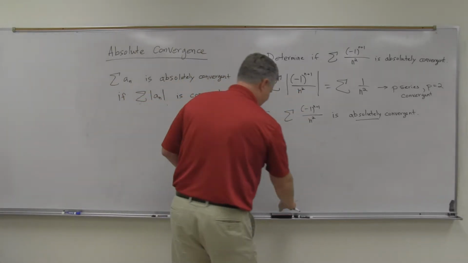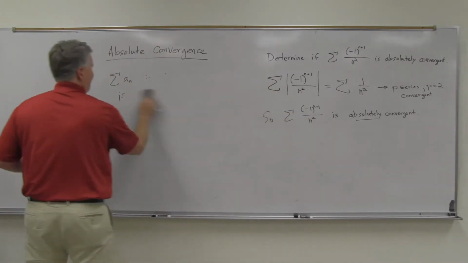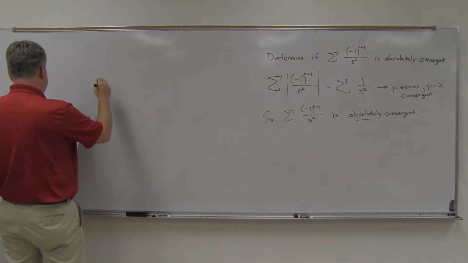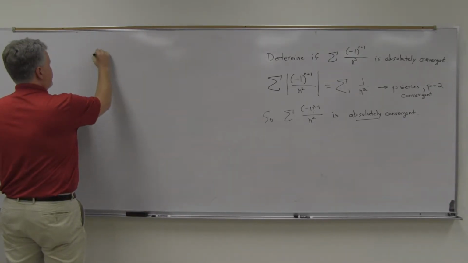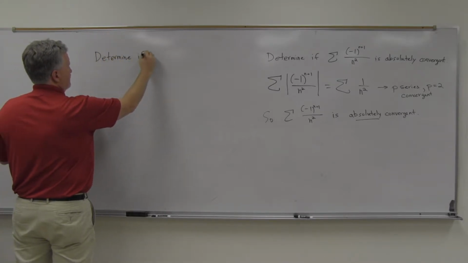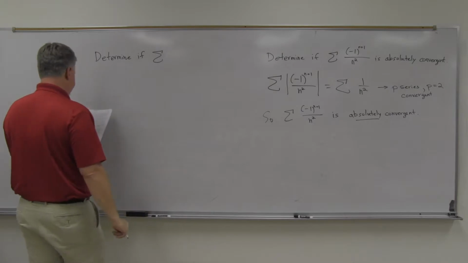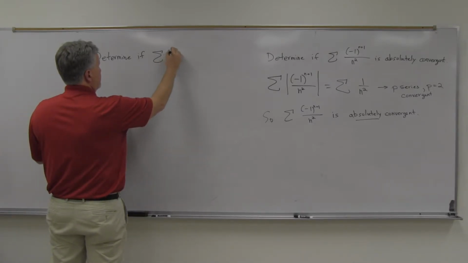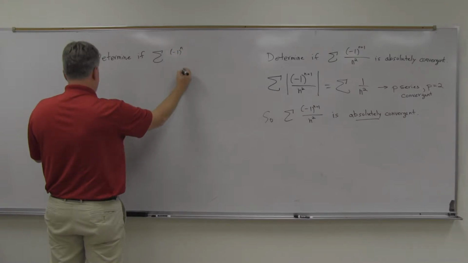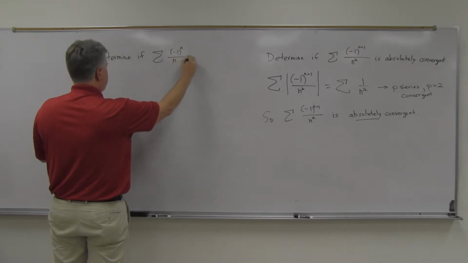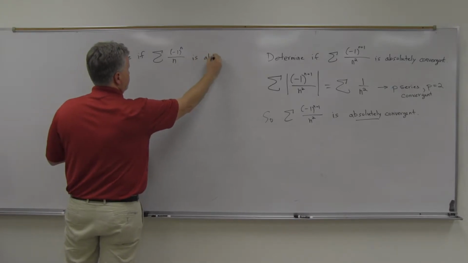So that's that one. Now what about this one? Determine if the series (-1)^n over n is absolutely convergent.